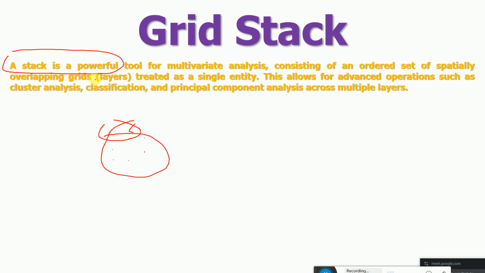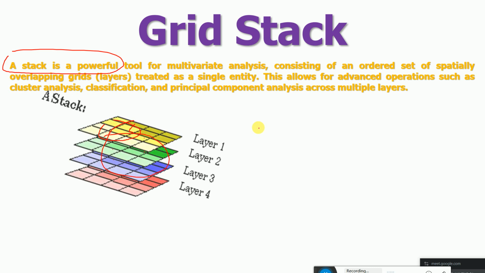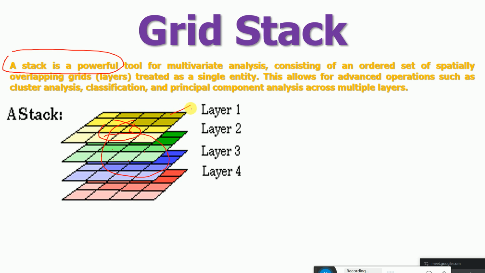So a stack is a tool for multivariate analysis consisting of an ordered set of spatially overlapping grids treated as a single entity. This allows for advanced operations such as cluster analysis, classification, and principal component analysis across multiple layers. This is the way. This is layer 1, layer 2, layer 3, layer 4.